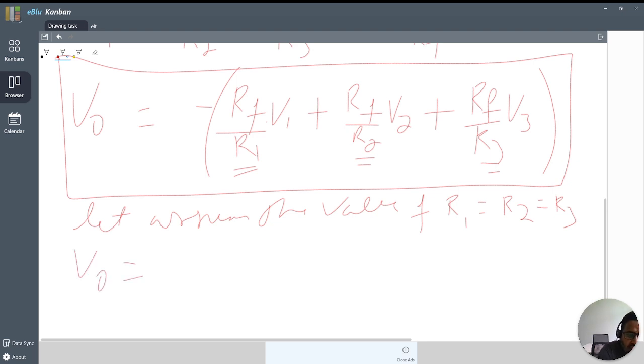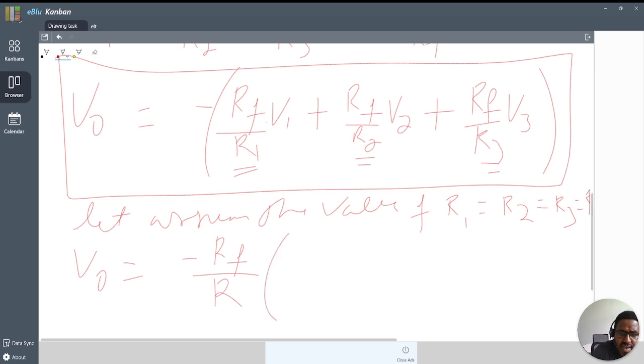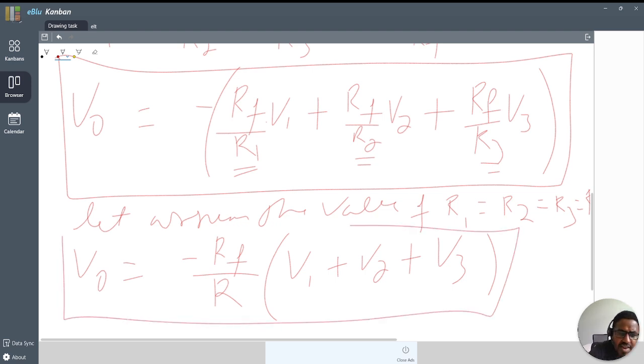V out becomes minus RF over R, since R1, R2, R3 are equal, you assign R. Then in the bracket, V1 plus V2 plus V3. So minus RF over R multiplied by V1 plus V2 plus V3 becomes V out.